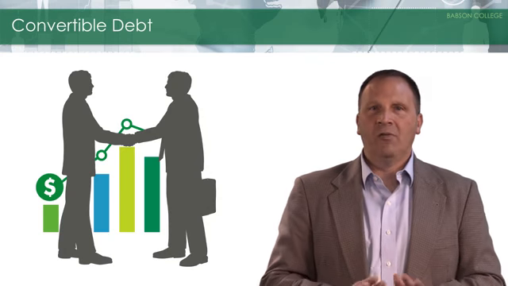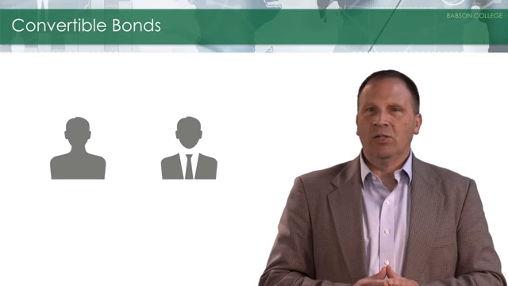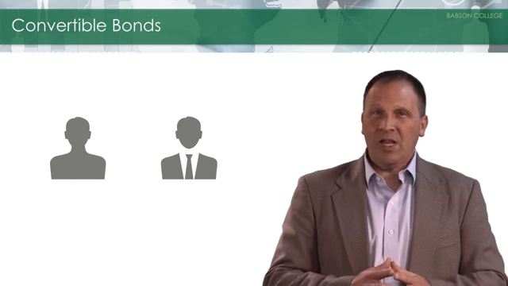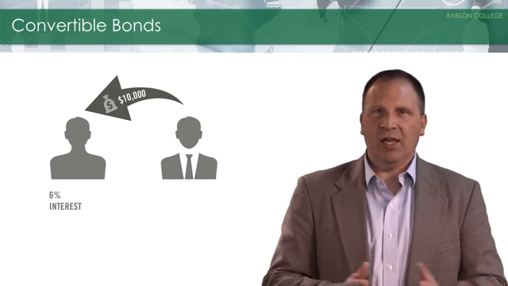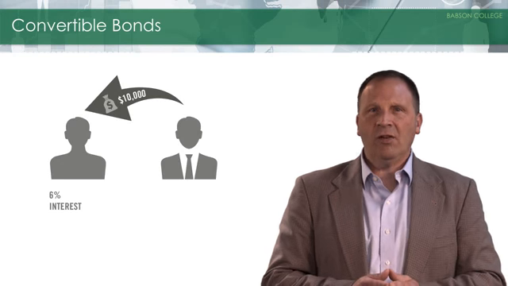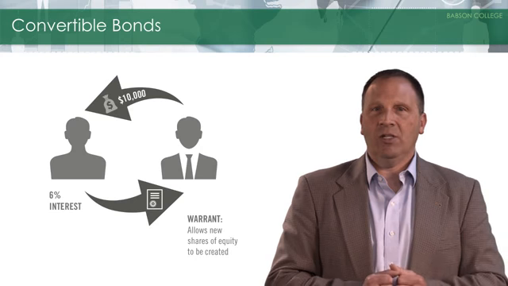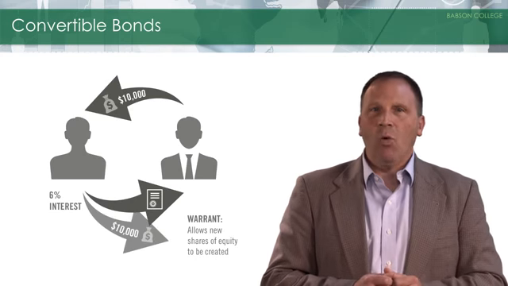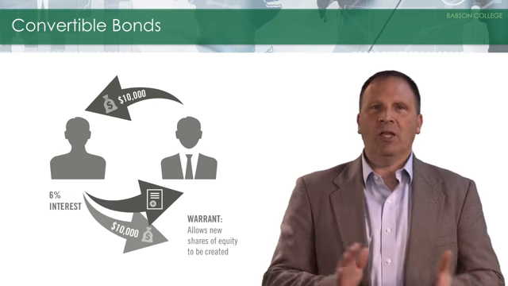partner. Finally, for convertible bonds, sometimes they're created so that the debt and the conversion feature can be separated. For example, you may have a loan of $10,000 with a 6% annual rate of interest. Then you give the lender something called a warrant that allows for new shares of equity to be created, but the debt doesn't disappear if that happens. And the warrant can be sold to a third party by the lender. So here's how it might look.